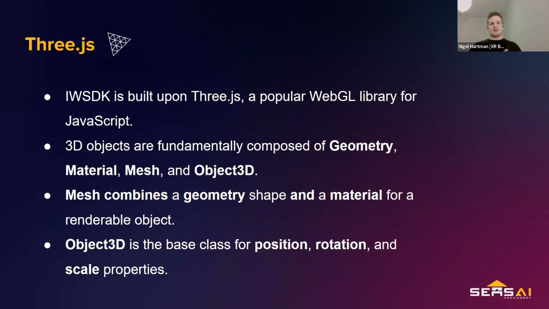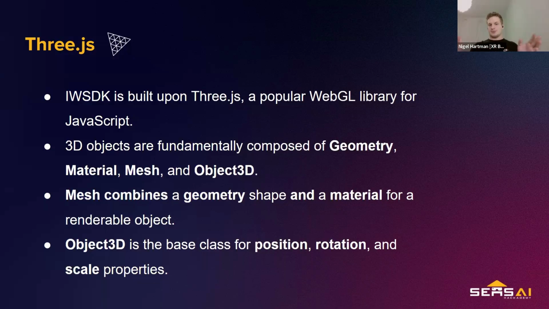The IWSDK, I need to first mention, is built on top of Three.js, which is a really famous JavaScript library for 3D rendering. What is maybe important is that they use a specific system of defining 3D objects. Every 3D object basically has a geometry, a material, a mesh, and an Object3D.